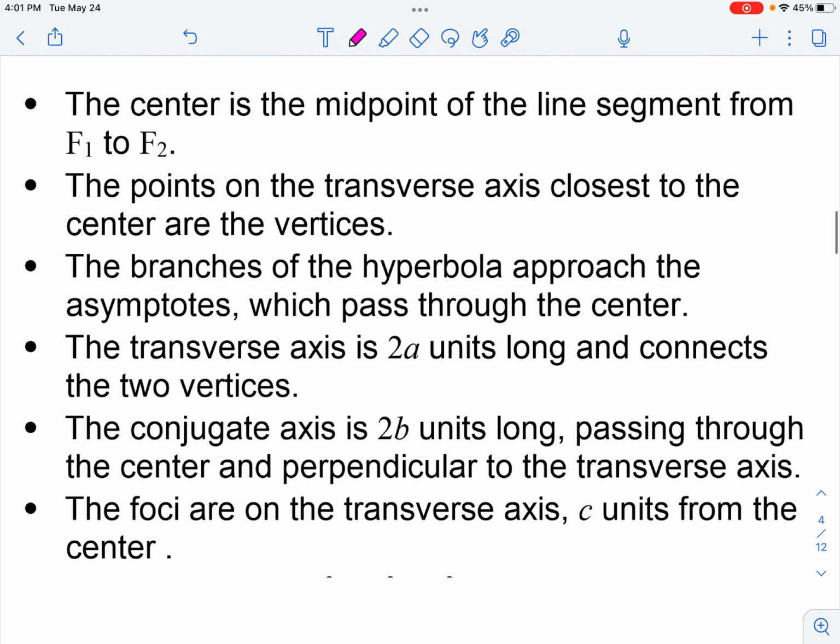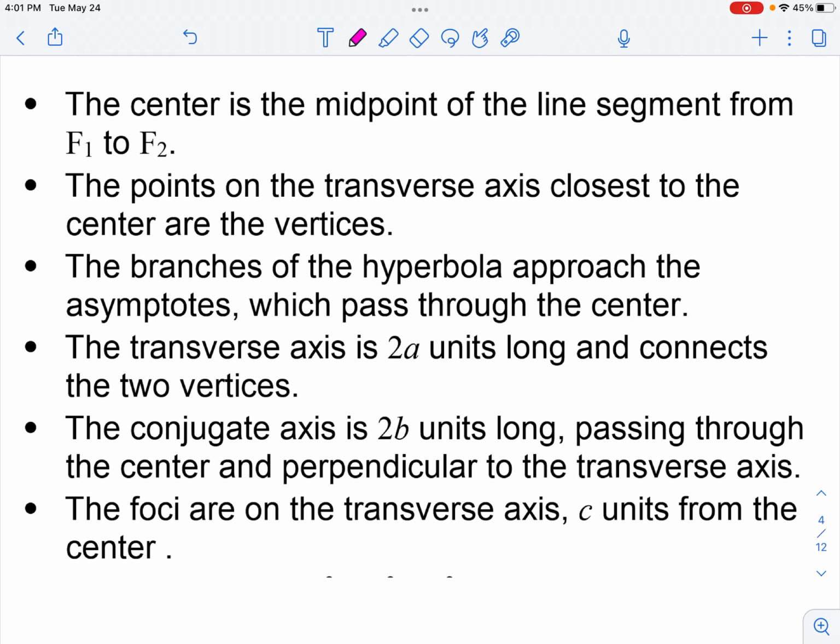Okay. The center is the midpoint of the line segment between the two focus points. It could also be between the two vertices, okay? The points on the transverse axis closest to the center are the vertices. Those were our blue dots on our anatomy slide, right? The branches of the hyperbola, the actual hyperbola itself, will approach the asymptotes, but will never actually pass through the asymptotes.